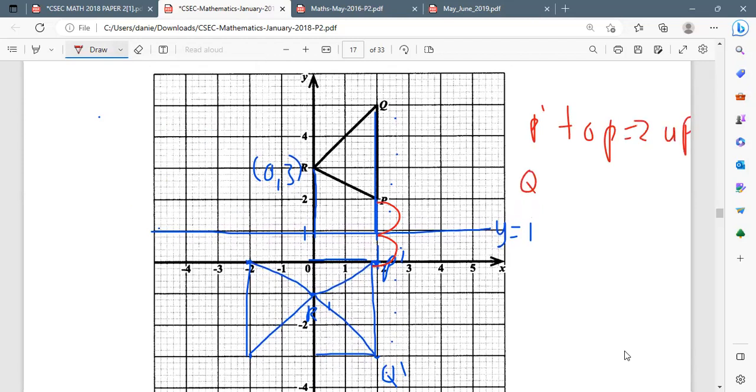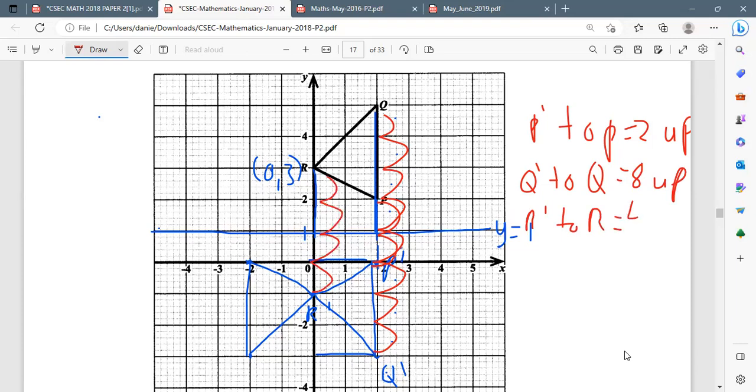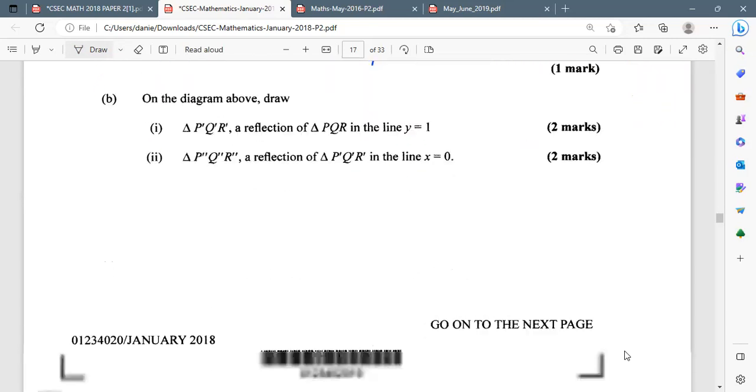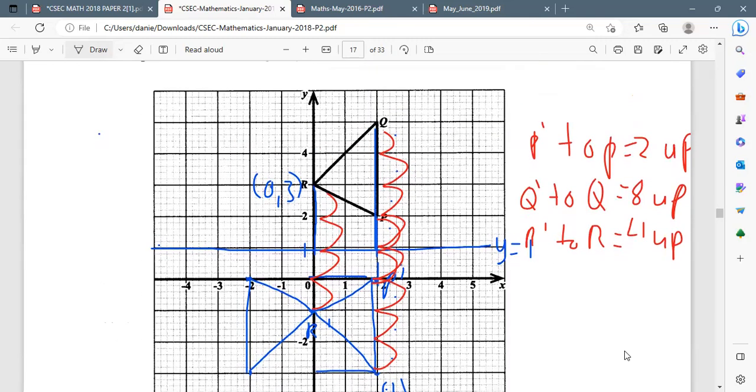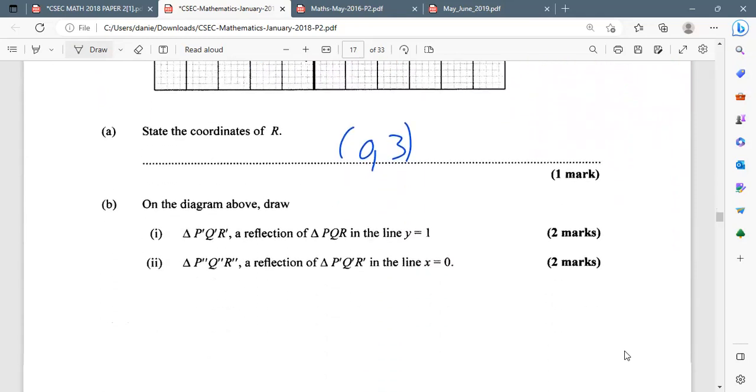So what is Q prime to Q? That will be 1, 2, 3, 4, 5, 6, 7, 8, so I have 8 up. And then R prime to R went 1, 2, 3, 4 up. And that is the transformation. So you're just going to tell them that P prime to P is 2 up, Q prime to Q is 8 up, and R prime to R is 4 up.